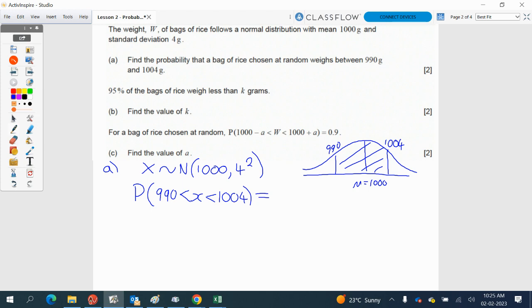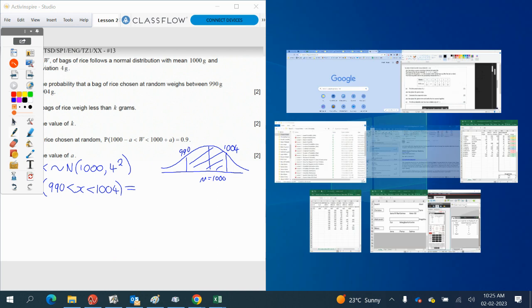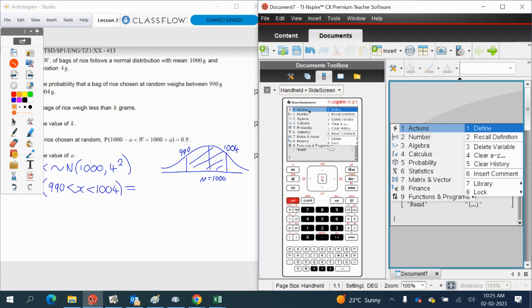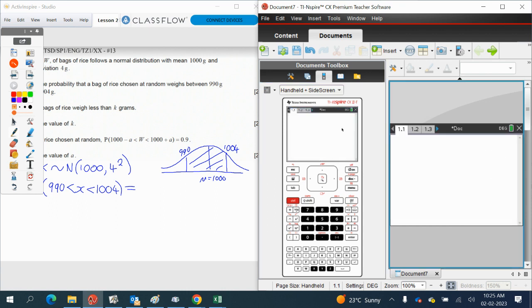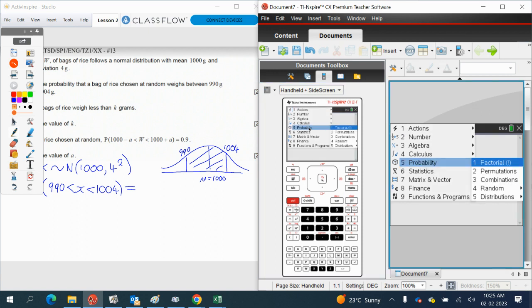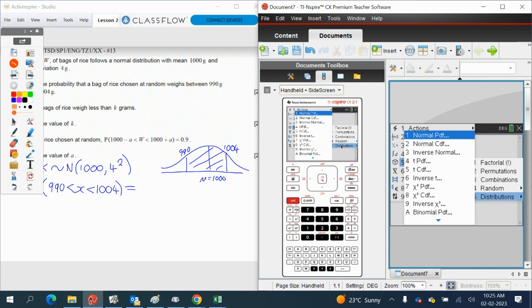So we can put this into the calculator now and find the answer. So we want to press menu, follow along on your calculators, practice. Menu, 5, 5, and then with normal distribution, you're never going to use number 1.